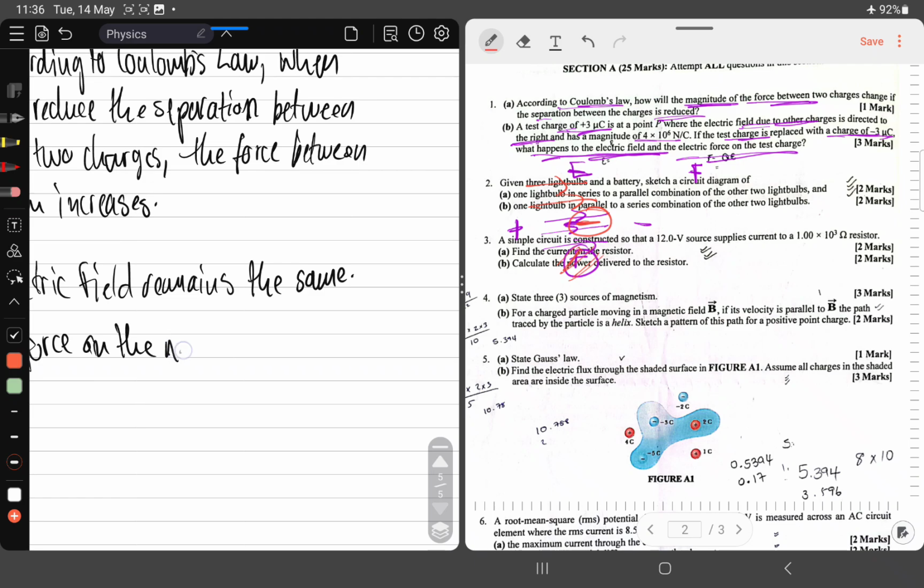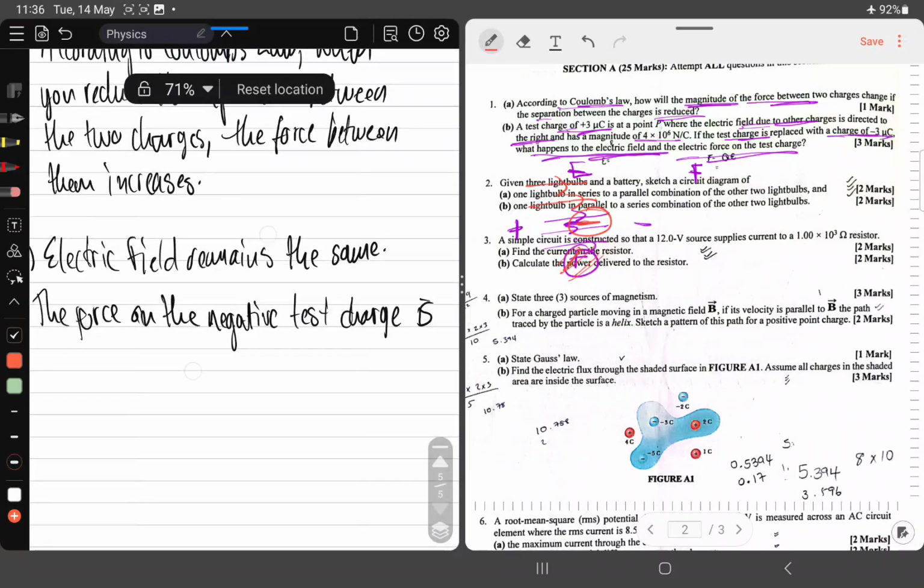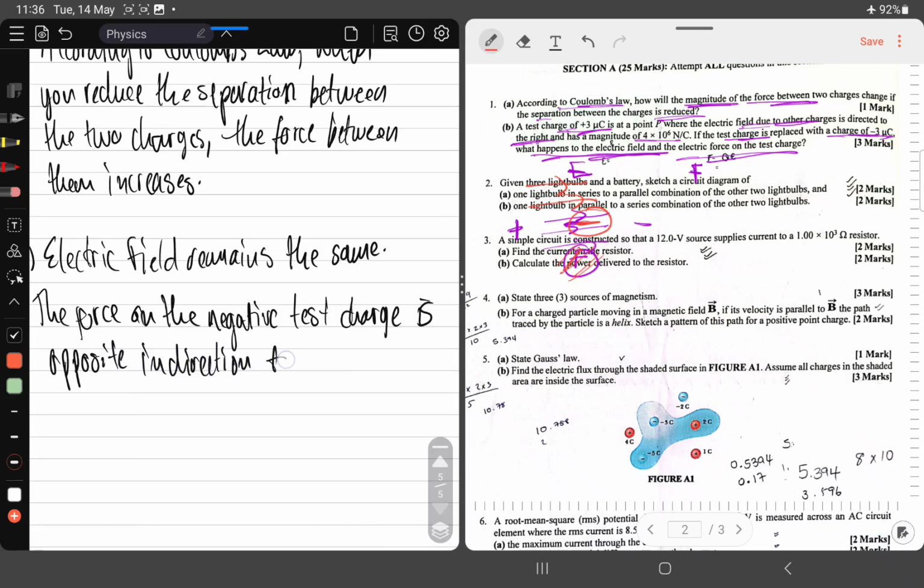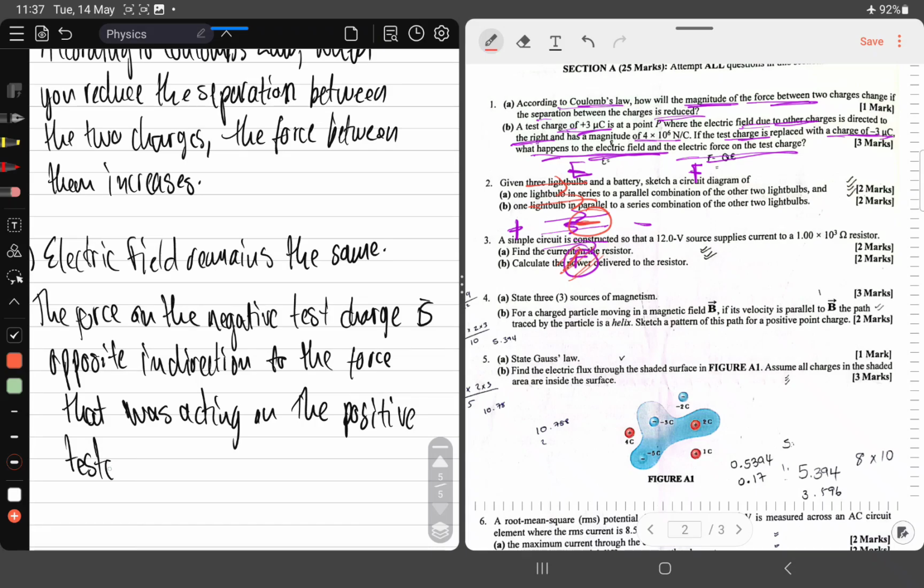The force on the negative test charge is opposite in direction to the force that was acting on the positive test charge. The magnitude of the force doesn't change.